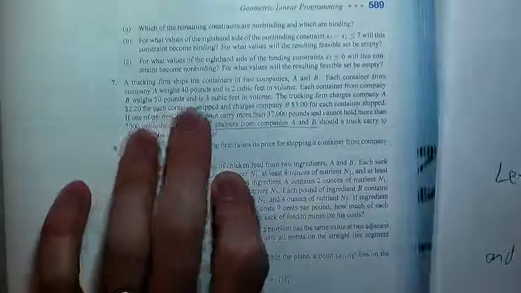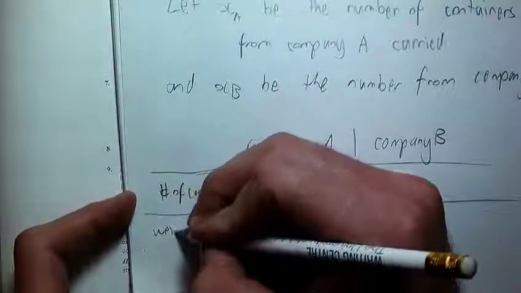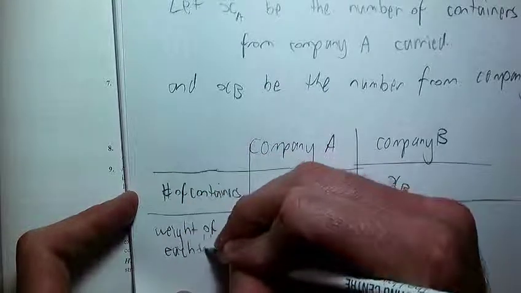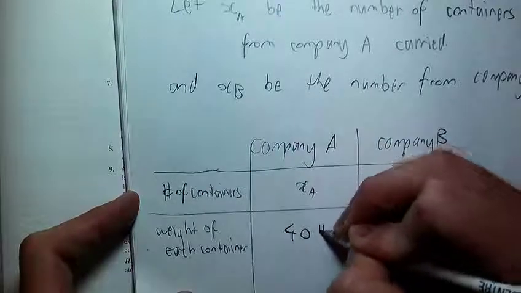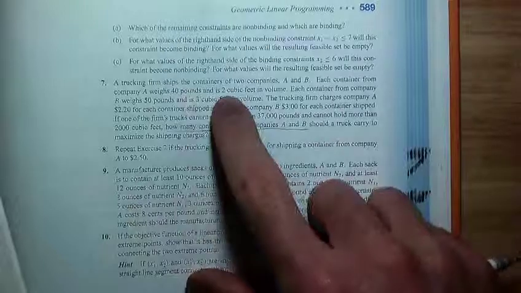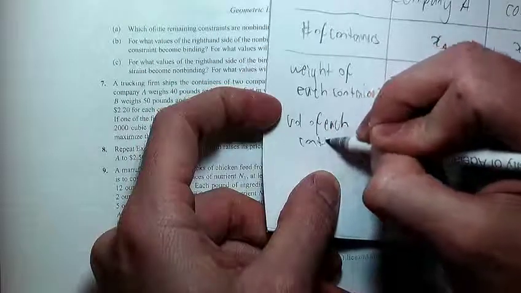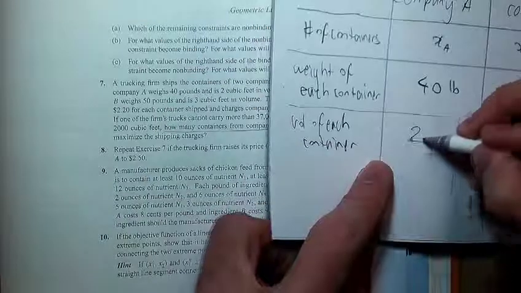The next one says each container from company A weighs 40 pounds. Weight of each container, 40 pounds. And in company B, oh, just a second, we have a volume as well. Volume of each container is 2 cubic feet.